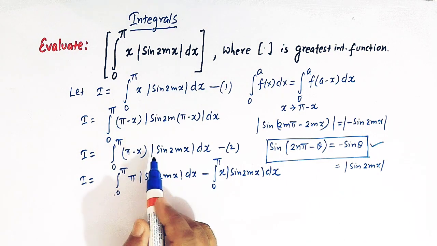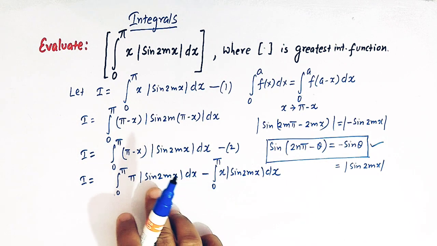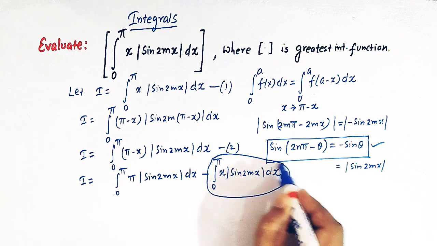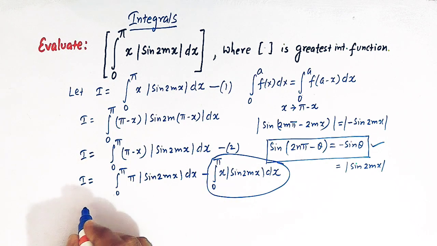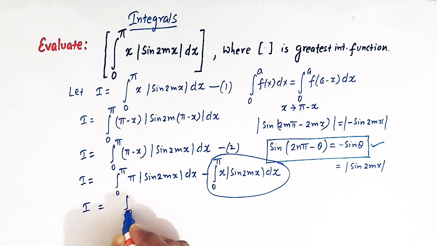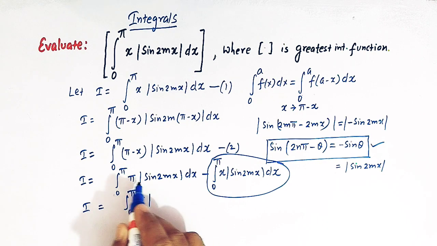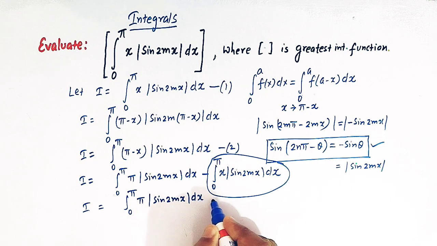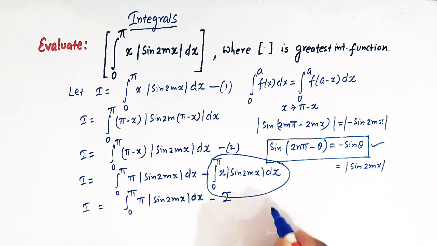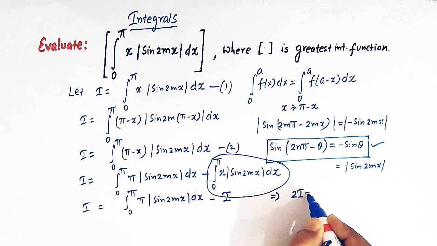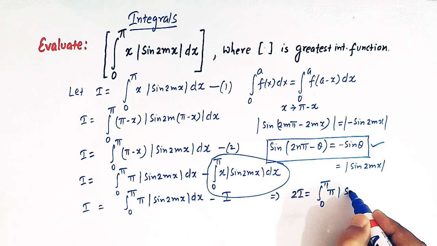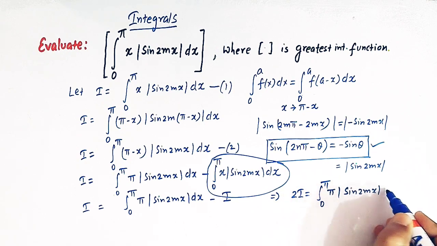So we have written this integral as a difference of two integrals, and the second one is our integral I. So I is equal to the integral of pi times mod sine 2mx minus I. Taking this minus I to this side, we have 2I equal to the integral from 0 to pi of pi times mod of sine 2mx dx.